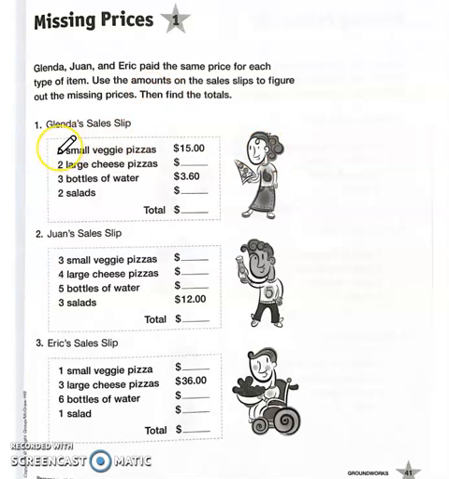Can you figure that out? So if there's 2 for $15, if you wanted 1, it would be half of this price, right? Because 1 is half of 2. Half of 15 would give us the amount that 1 would cost. So what would that be if you split 15 in half?